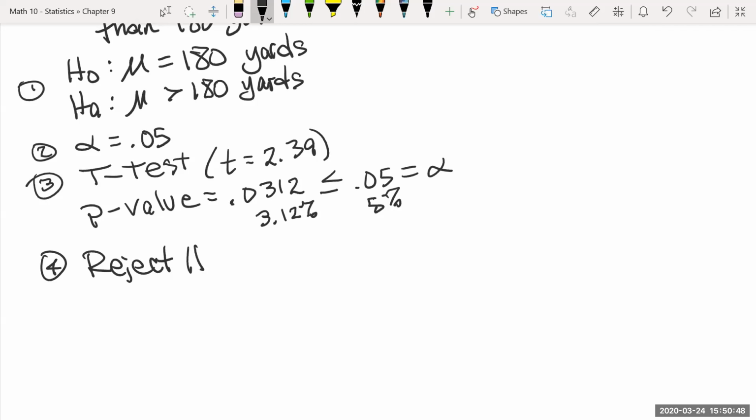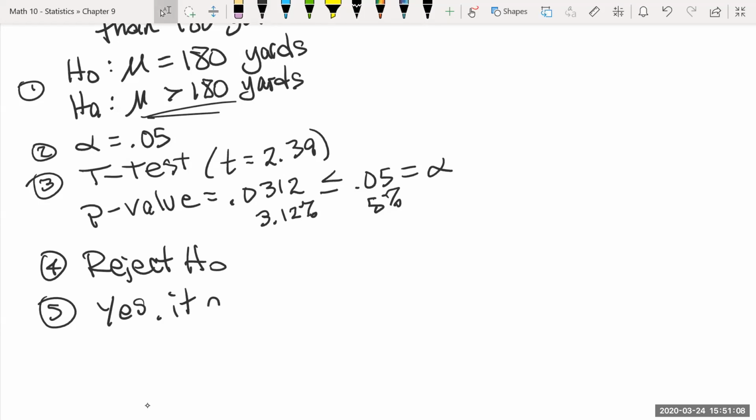Notice that's why we have to state what the hypotheses are, because if you say reject null hypothesis, but you don't have a null hypothesis, nobody knows what you're talking about. So 5, we rejected it. We don't think it's equal. So we're going with the alternative that we think it's greater. And the question says, is it greater? And we say yes.